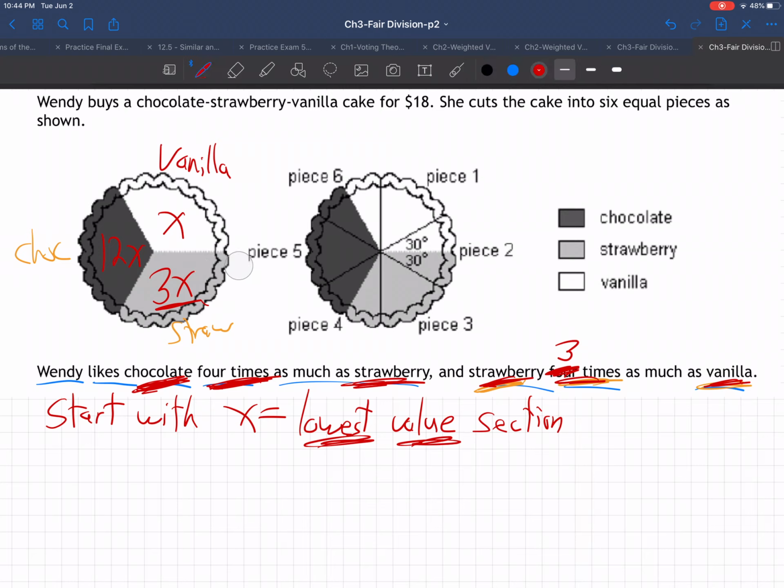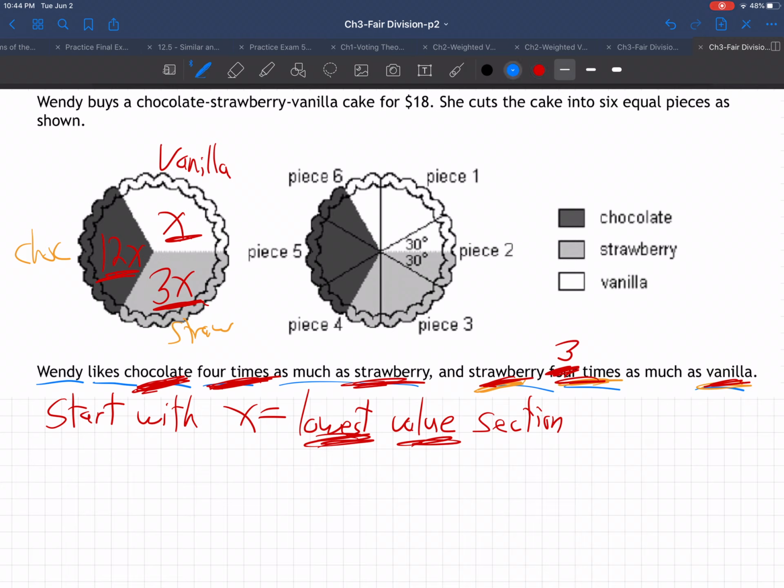Did you see what happened there? Now it's all correct. Strawberry is 3 times vanilla, like they said, and chocolate is 4 times strawberry. 4 times 3x would be 12x. So that's correct. You have to start with the lowest value section and build up from there when you have 2 multiplications going on like this question.